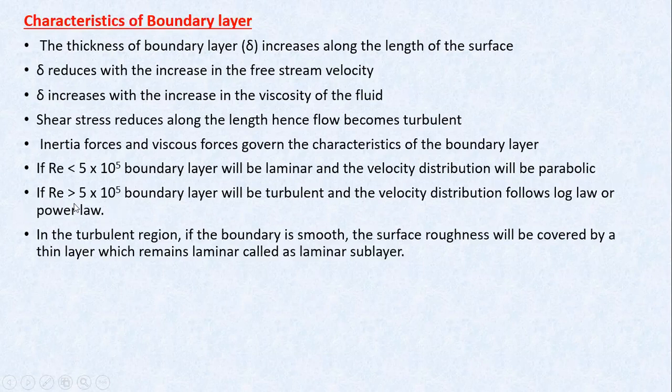If the Reynolds number is greater than 5 × 10^5, the boundary layer will be turbulent and the velocity distribution follows the log law or the power law. The last point is that, as I said earlier, in the turbulent region the surface roughness will be covered by a thin layer, and the fluid within that layer will be laminar. That layer is known as the laminar sublayer.